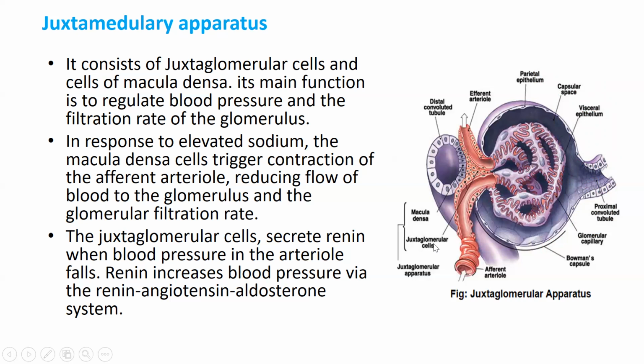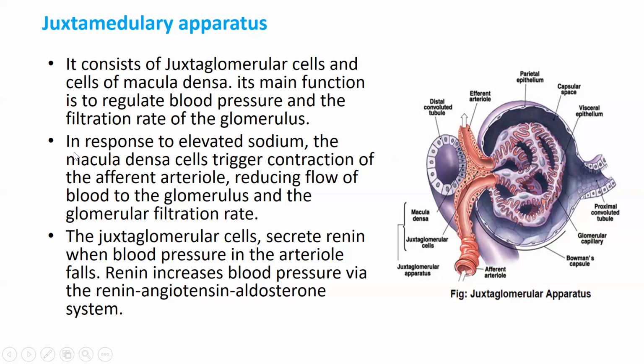And also, there is going to be what? There is the macula densa. That cell is actually called the macula densa. So both of them together are going to regulate the sodium level in our body.